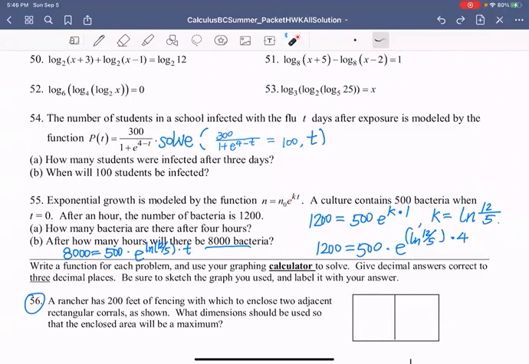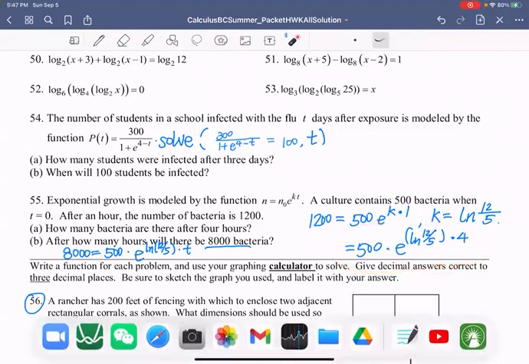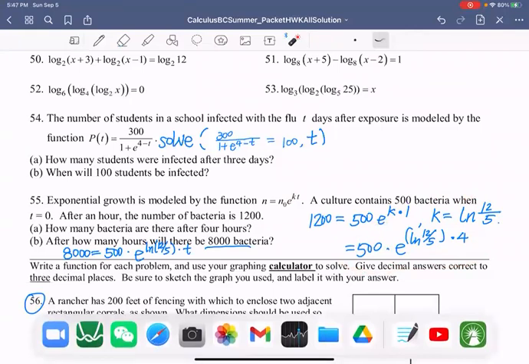Then to figure out the amount, you substitute 4 in for t. That would equal 500 times e to the power of ln 12/5 times 4, and that would equal 1,688 bacteria. I had a 0.8, but you wouldn't count that since that's not a whole bacterium.